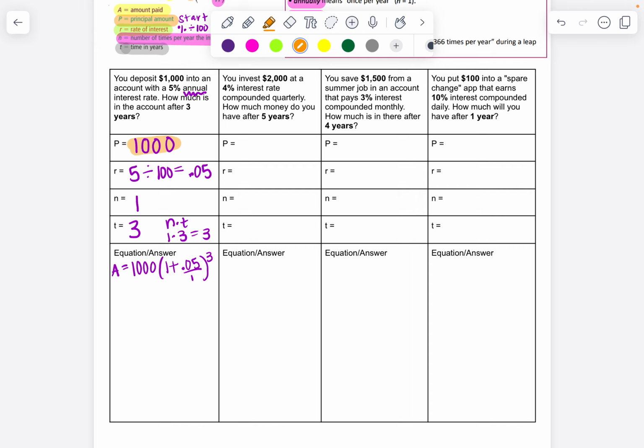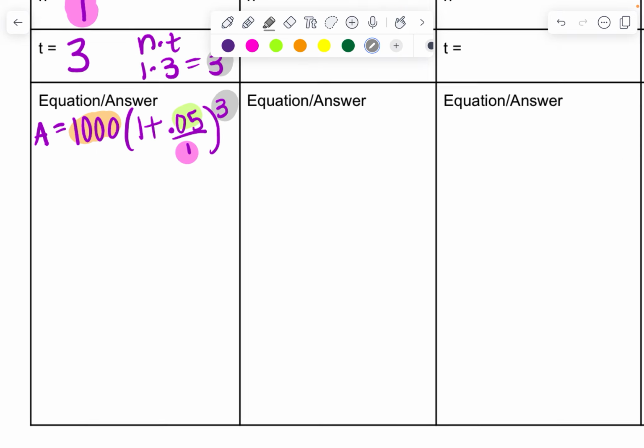Our principal is 1,000. Our rate was 0.05. Our N was 1. And then our T was 3. So then we did N times T, 1 times 3 to get 3.